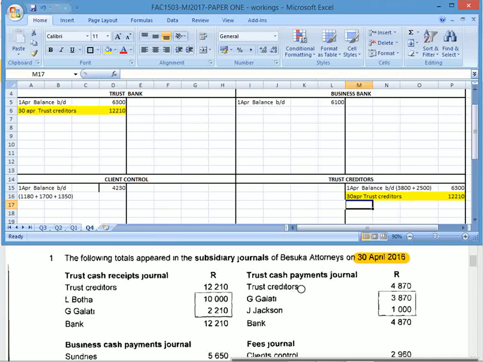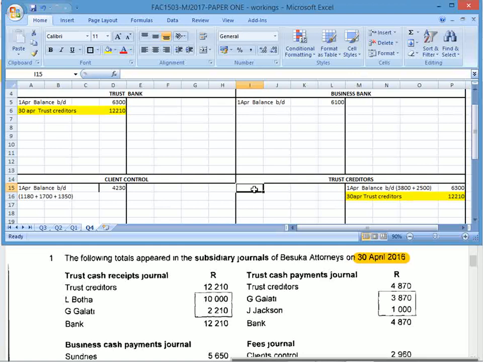Trust cash payments. What's happening here? Why? Exactly. Right, so the client's money is being used to do certain things. Do you agree? Okay, so this will decrease your receipts and decrease your liabilities, basically. Because they don't owe you more; they owe you less now.